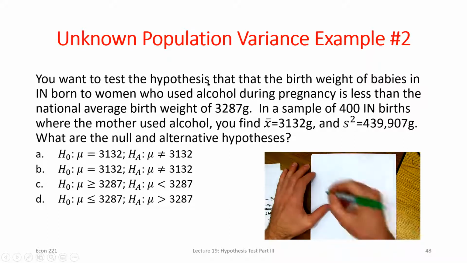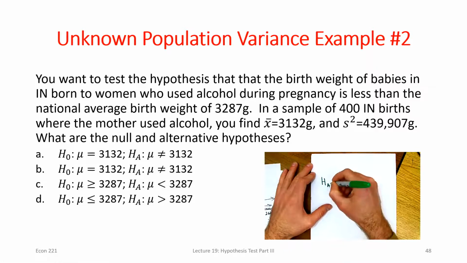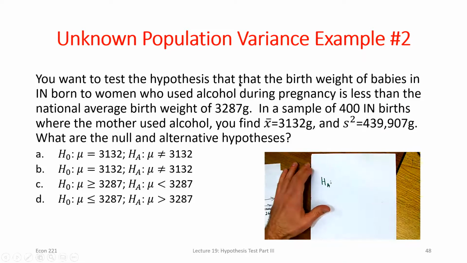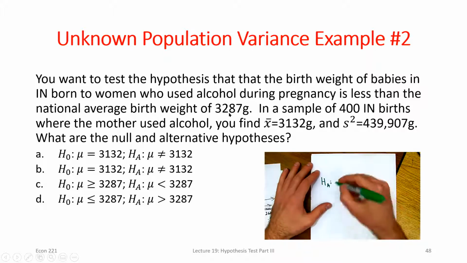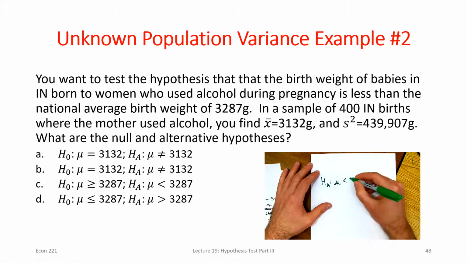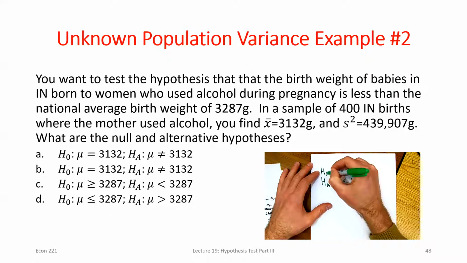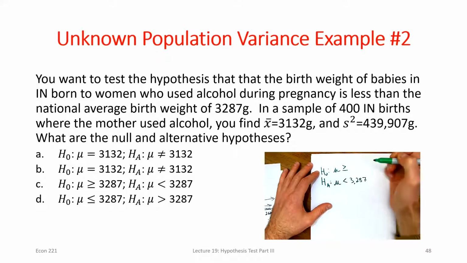And whatever you're trying to test for, that's your alternative hypothesis. So here you want to test the hypothesis that the birth weight of Indiana babies who use alcohol while pregnant is less than the national average. So you want to see, is it less than that 3,287? You'll assume the opposite is true, that it's greater than or equal to that amount, to get your null.